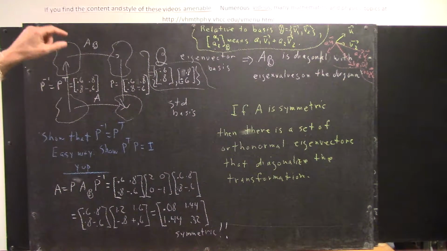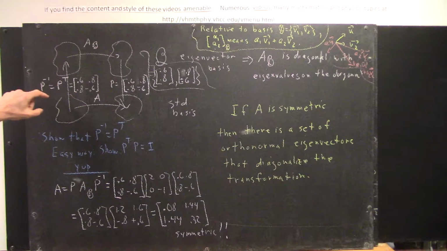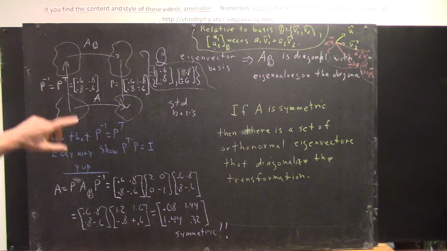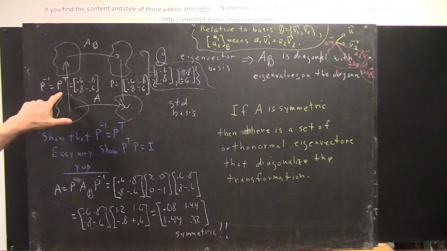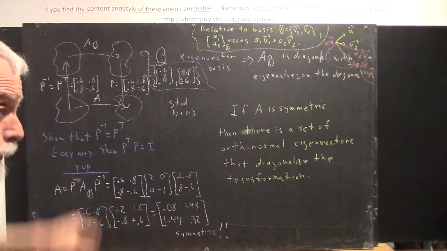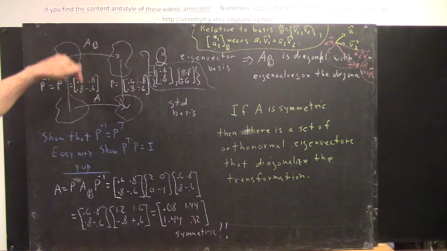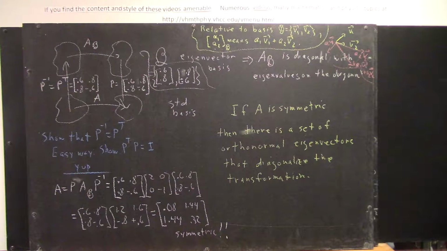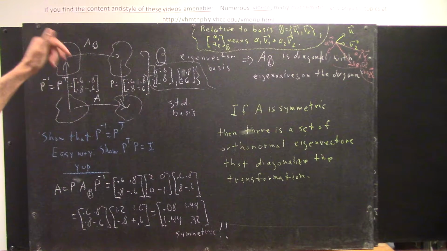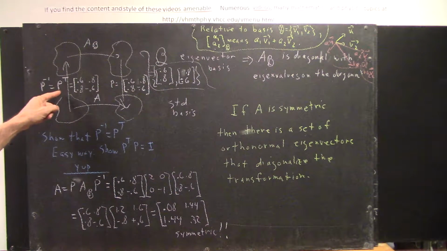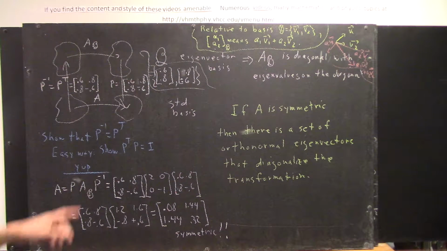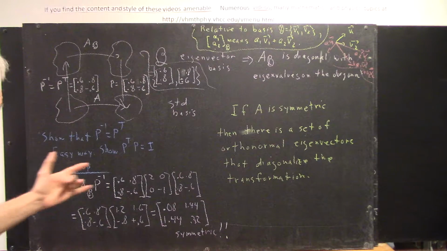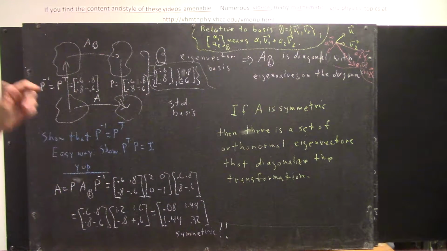So it's not that hard to prove that the inverse of an orthogonal matrix, a matrix whose columns are orthogonal unit vectors, is equal to the transpose. Fairly easy to verify for any given matrix, and pretty easy to show. Okay?